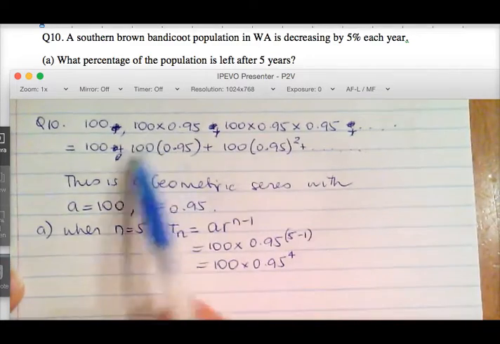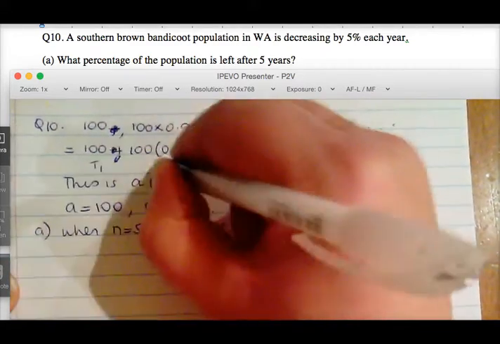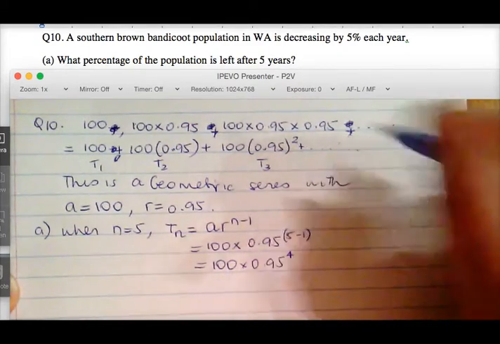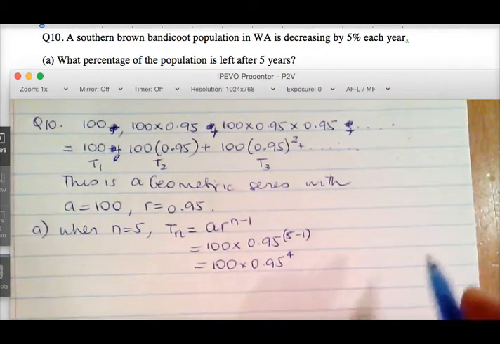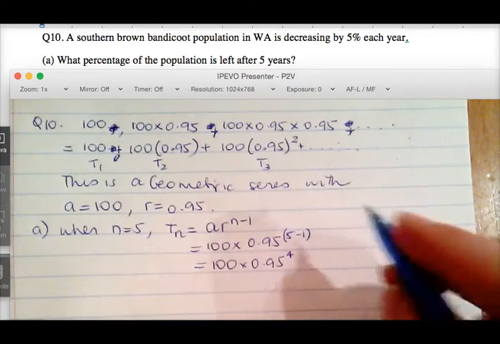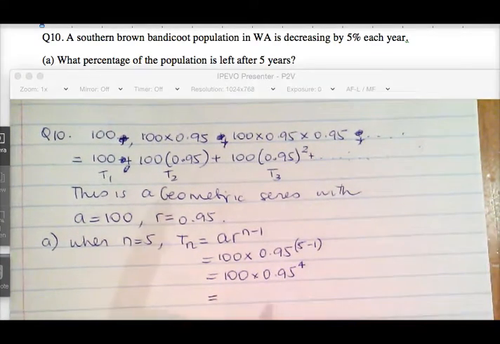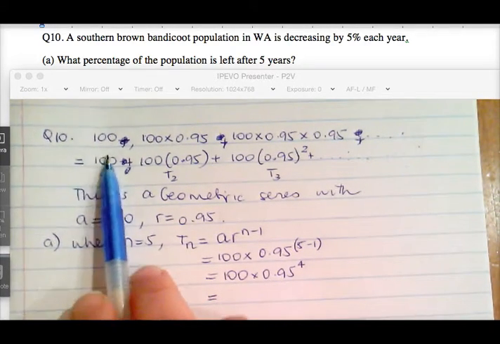We can already see that we'd have that because term 1 is just 100. See, this is term 1, this is term 2. Term 3 has power of 2, term 4 will have power of 3, and term 5 will have power of 4, which is what we've got. But that's the first term, that's the original time.